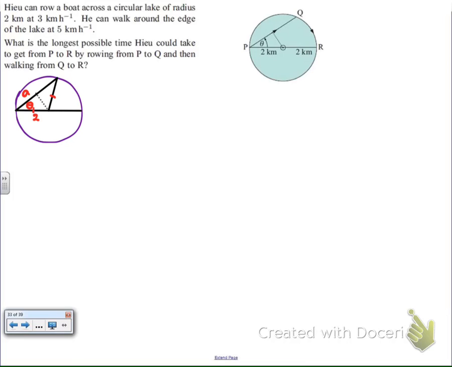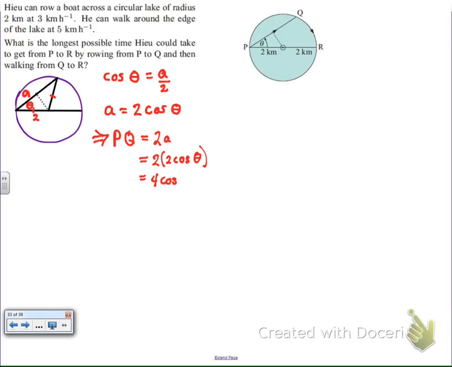And so when I unpack this a little bit in terms of the geometry, I can see here that the radii form an isosceles triangle, and I can find half of the base of the isosceles triangle by using right triangle trig. So I see the relationship between 2 and a as a cosine ratio, so I establish the cosine of theta is a over 2, or the length a is 2 cosine of theta.